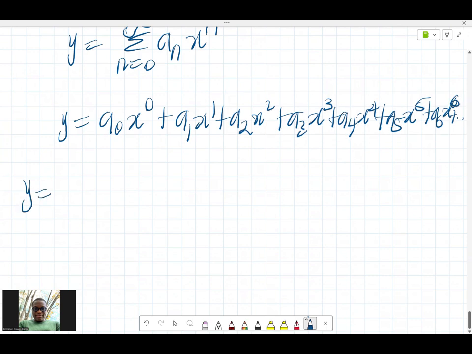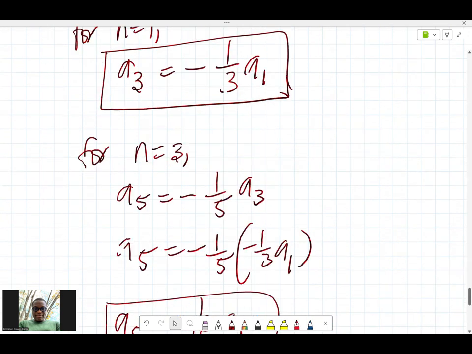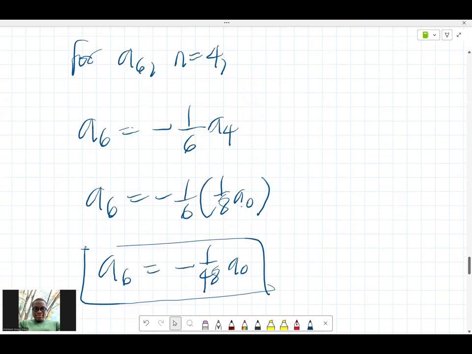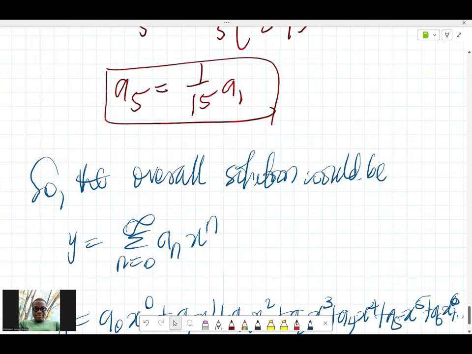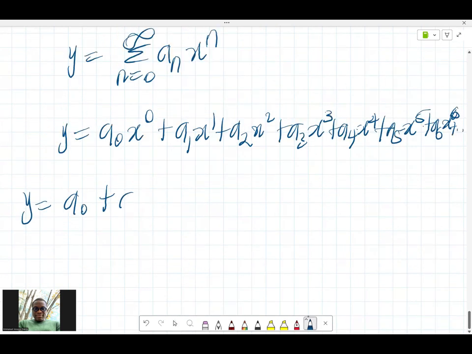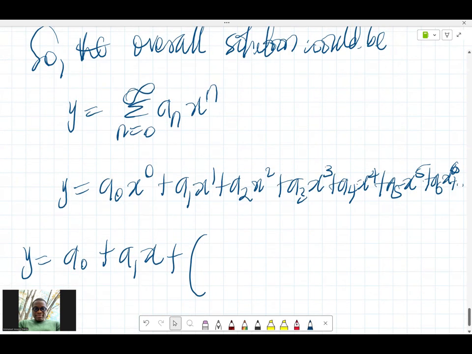So y equals, okay, well, we have something in terms of a naught. X raised to power 0 is 1. So this is just a naught plus a1x. We have a naught and a1x. But a2 now, we begin to have them in terms of a naught and a1.